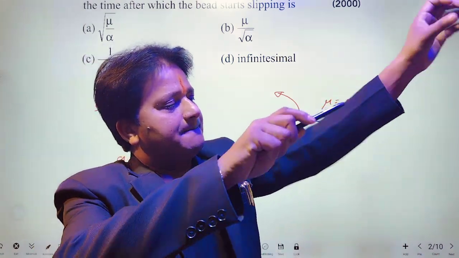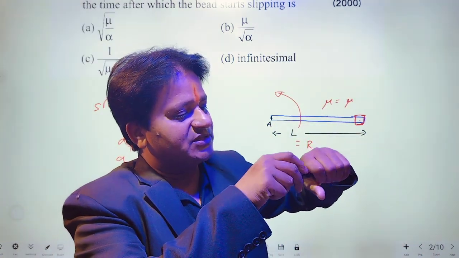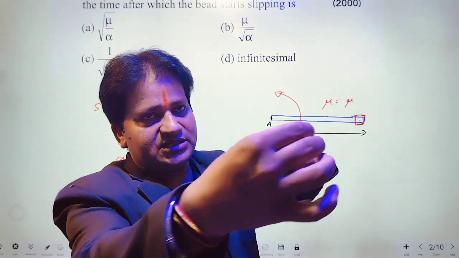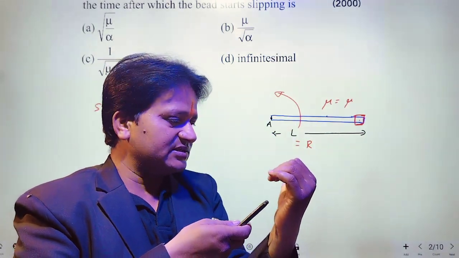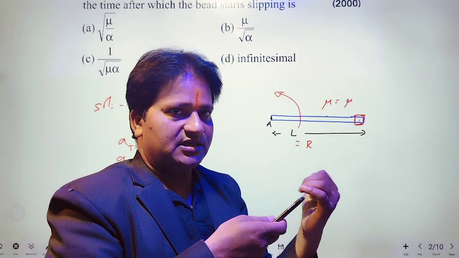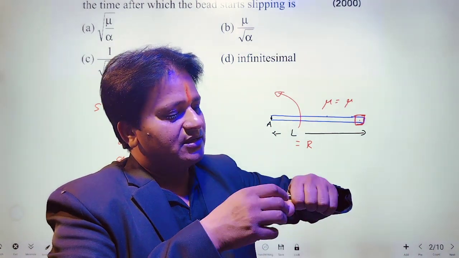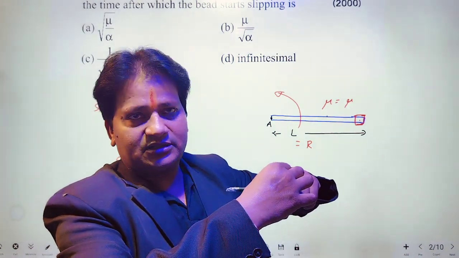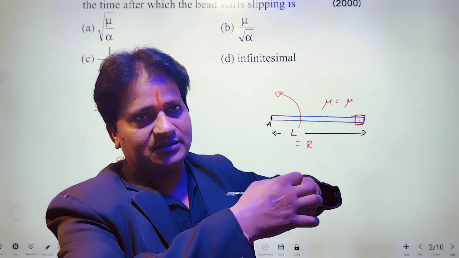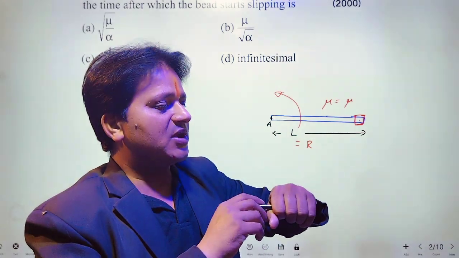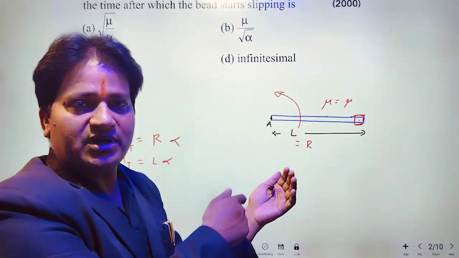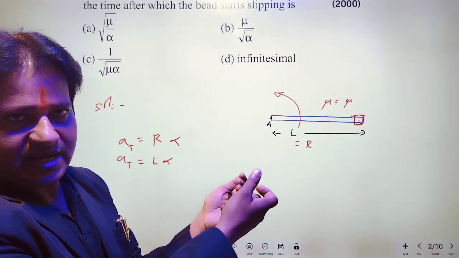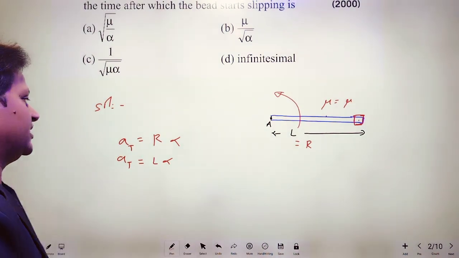If this is the bead, the pseudo force acts in this direction, because the tangential acceleration has its direction this way. Normal reaction acts in the forward direction and pseudo force acts in the backward direction.